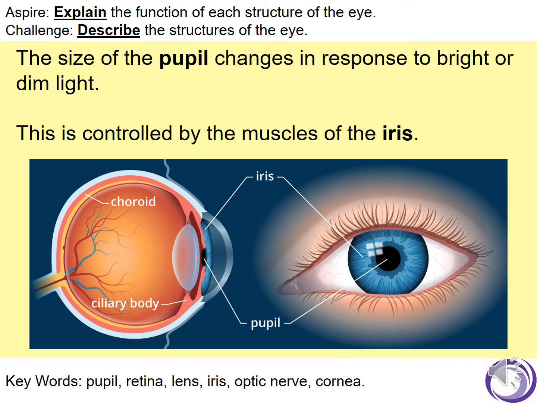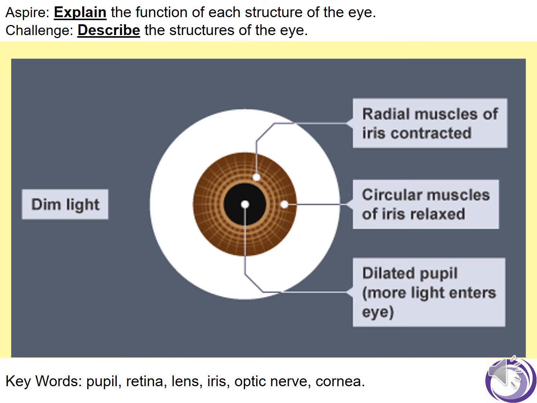The size of the pupil changes in response to bright or dim light, and this is controlled by the muscles in the iris. So we can see where the iris is. It's the part of your eye which has a colour, and then we've got the hole through the centre of the eye called the pupil. So as I've said to you earlier in the presentation, we have 2 sets of muscles inside our iris.